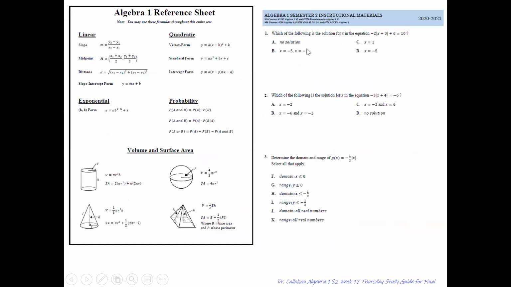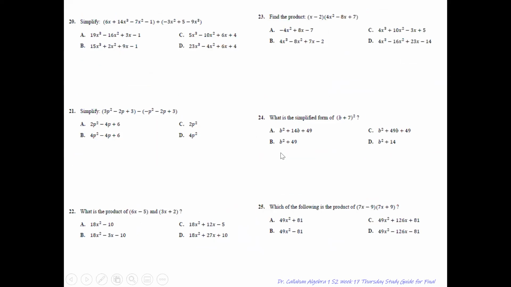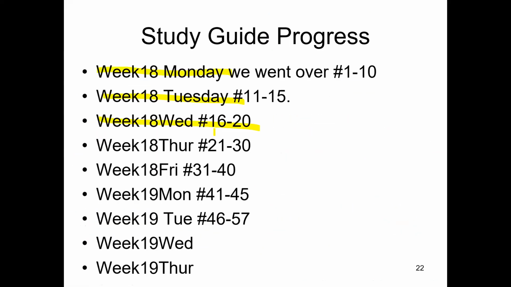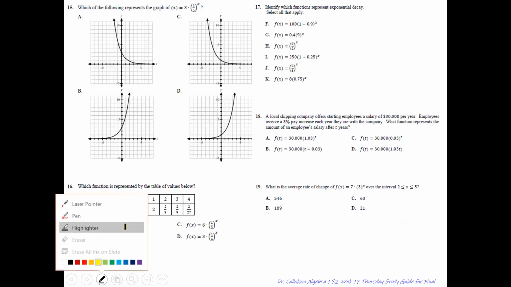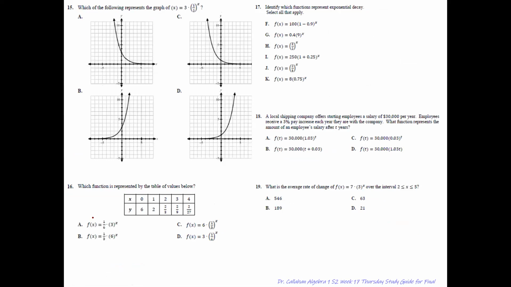As you can see on your final, there will be a formula sheet just like this. We are going to go to questions 16 to 20 today. Okay, let's take a look at question number 16. It says, which function is represented by the table of values below?